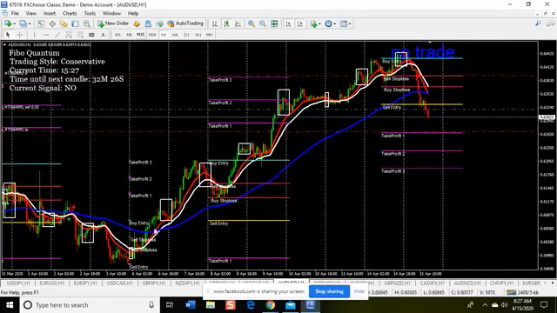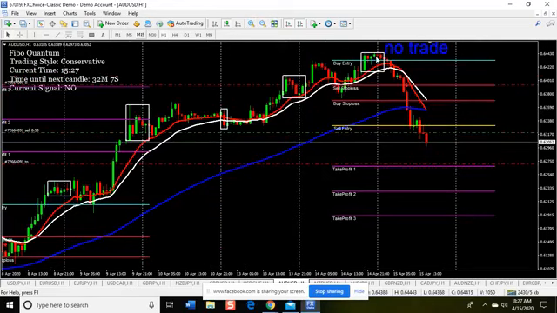The faster moving averages move above the slower one here. 1, 2, 3, 4, 5, 6. That was day number 7. And that's where after 6 days, I'm looking for a reversal. So I don't want to take this trade with the trend. I want to wait for signs of a reversal.